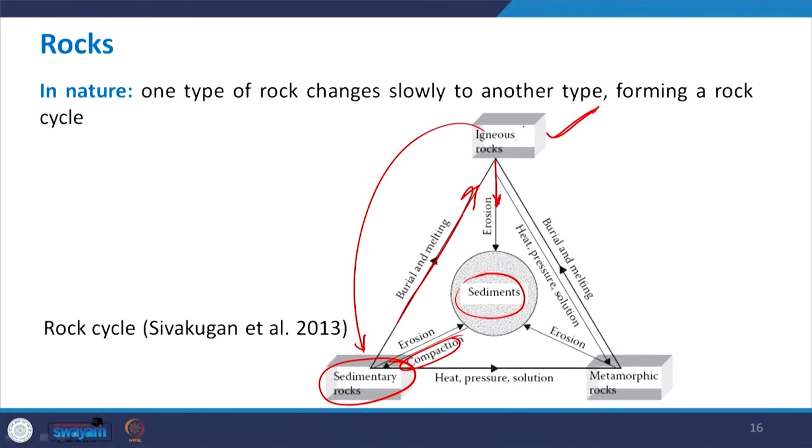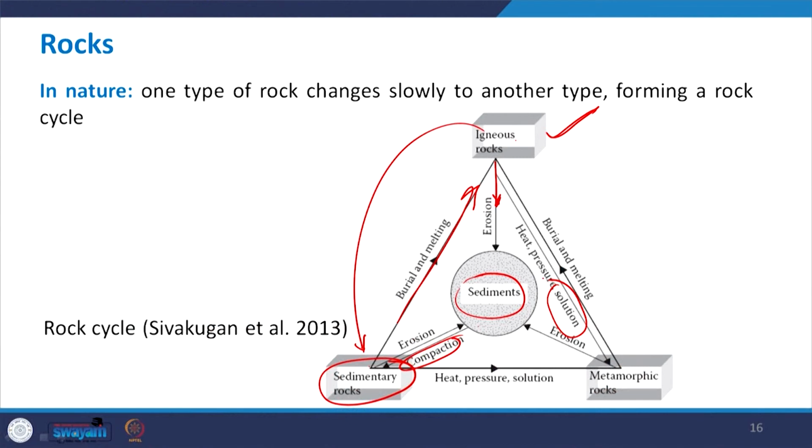Okay, now come on to this side. Say igneous rock is there and it is subjected to heat or pressure or both, or some kind of chemical weathering, some kind of chemical solution. Then what will happen? You know how the metamorphic rocks are formed.